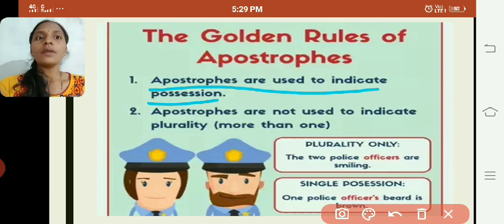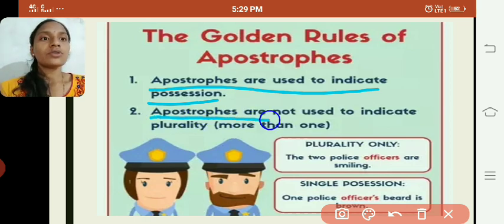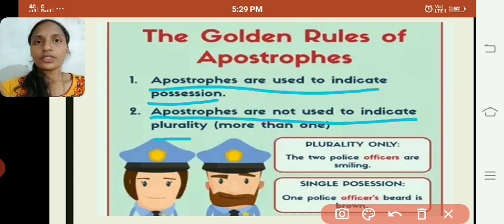These are called possessions. So apostrophes are used to indicate the possessions. Second thing, apostrophes are not used to indicate plurality. We don't use apostrophe and s when we are showing plurals of anything.